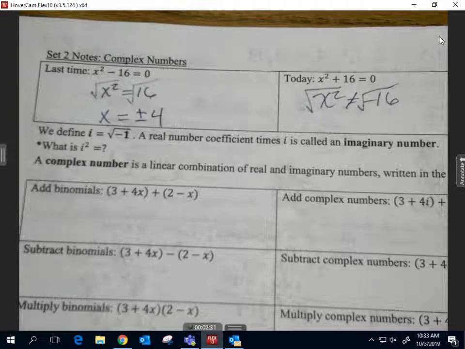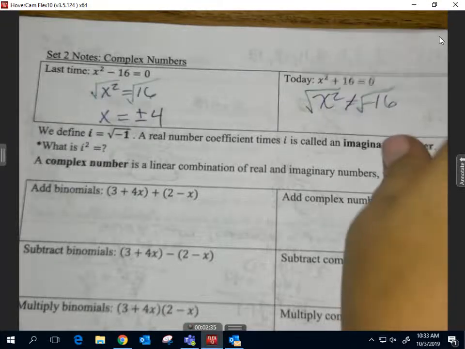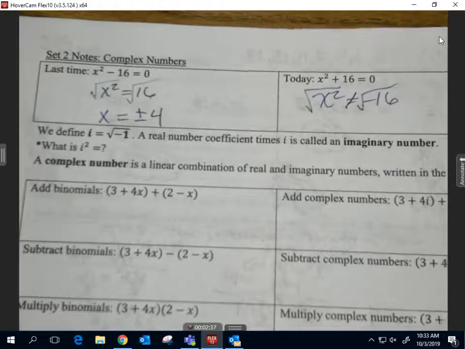So, what is i squared? It's like x squared? No, but we know what i is. Like x, we don't know the value of x unless we have an equation, right? But with i, we know i equals the square root of negative 1. We know the value of i.